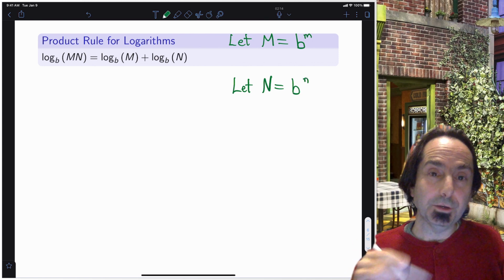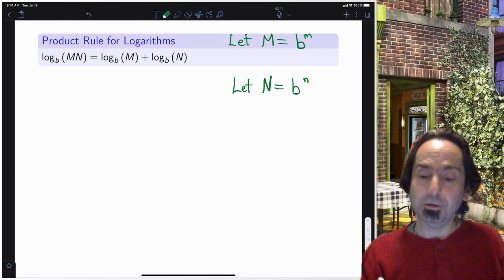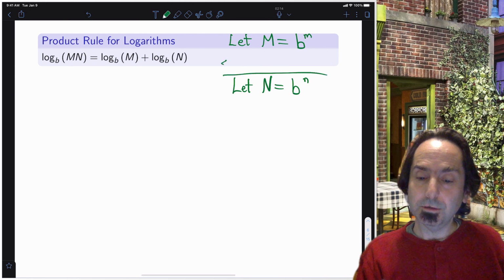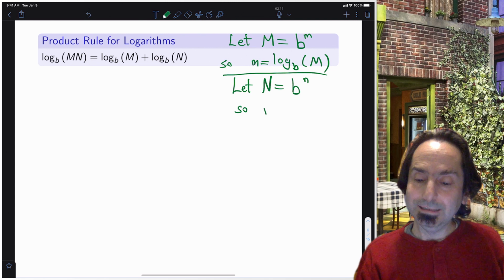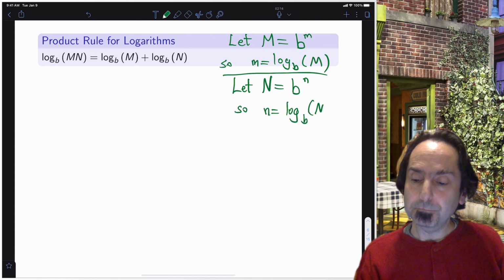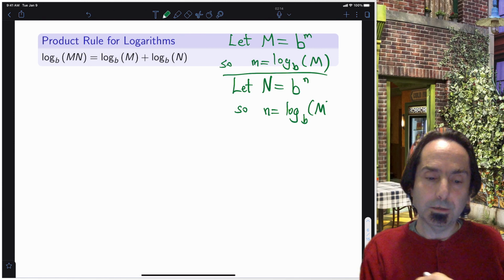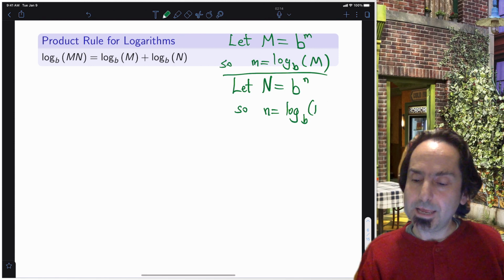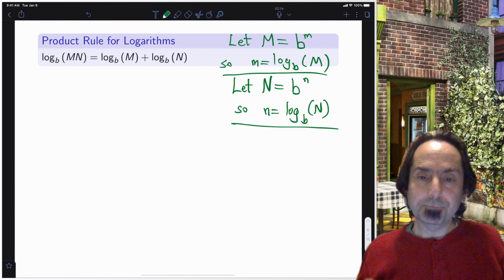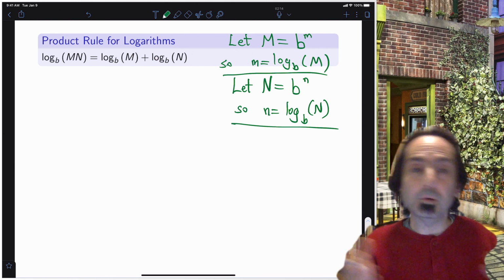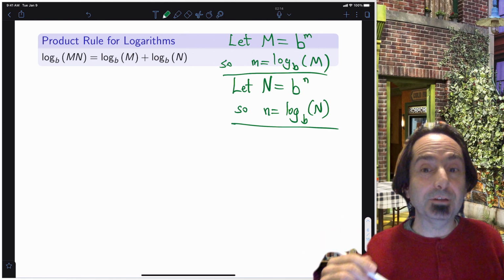And because we're going to do a substitution and an unsubstitution, let's write this out. That means that little m is the log base b of big M, and little n is the log base b of big N. That's just the exponential form and the logarithmic form.